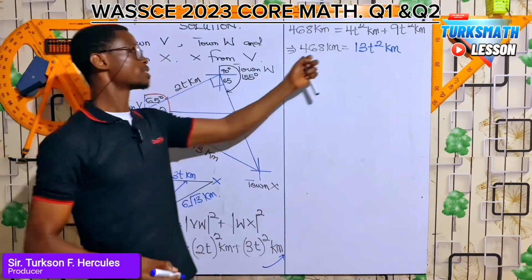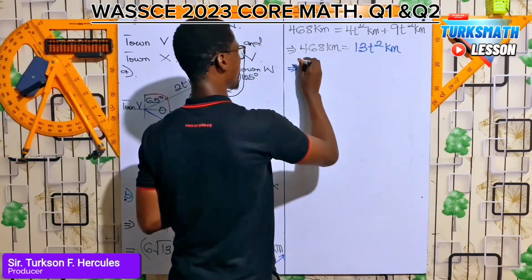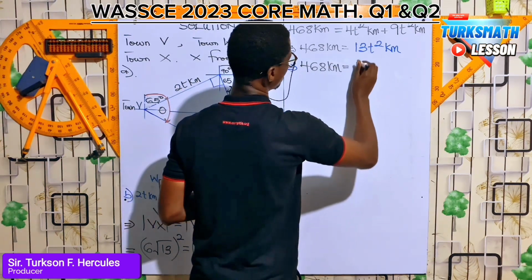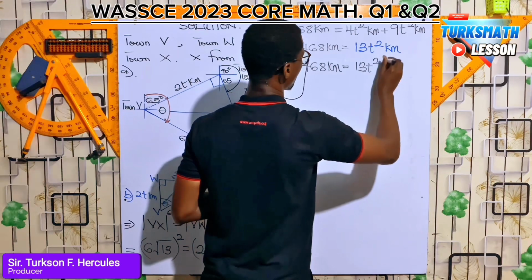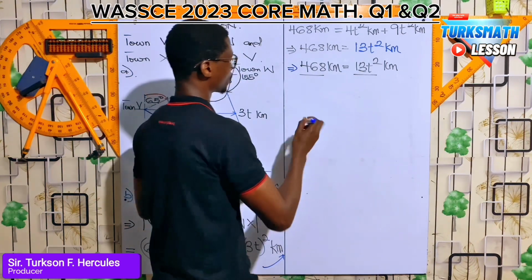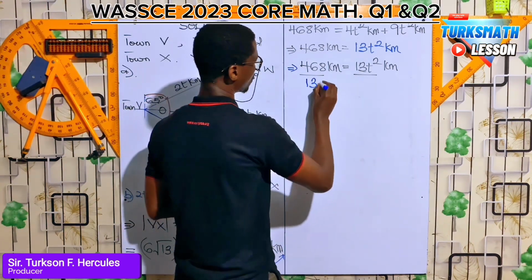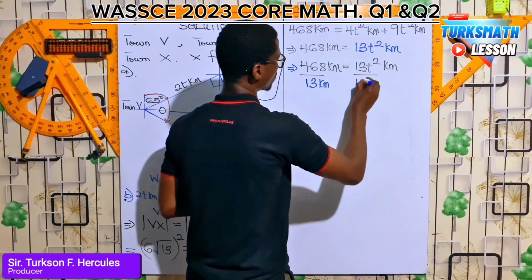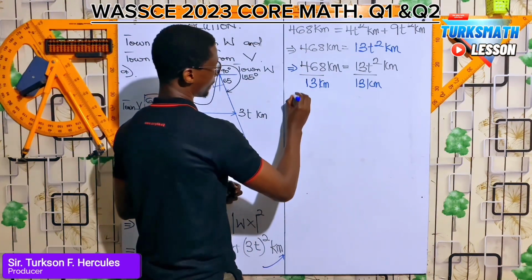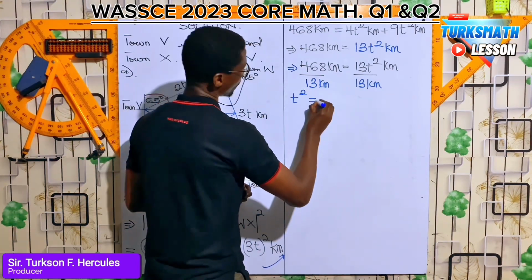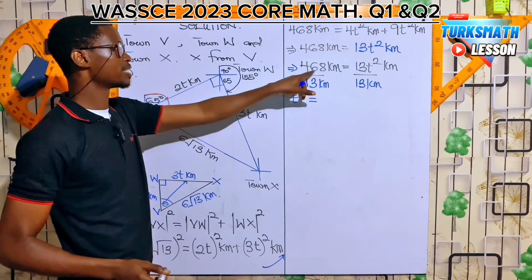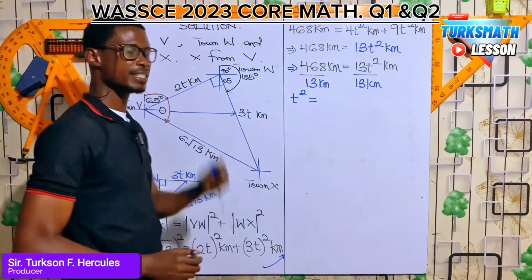So we're now going to divide both sides by 13. And so t squared: 468 divided by 13 will give us 36, right?